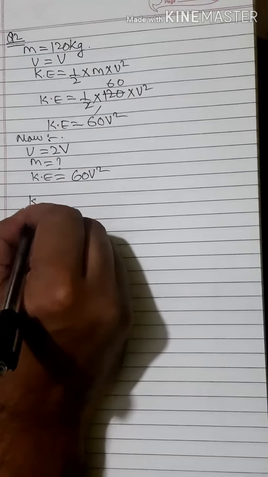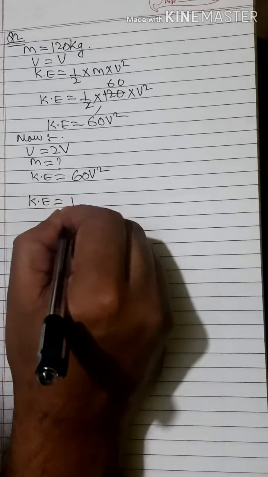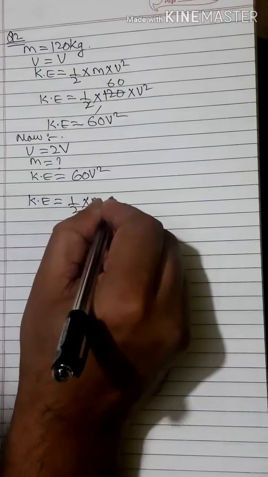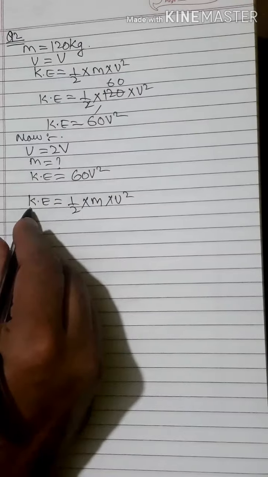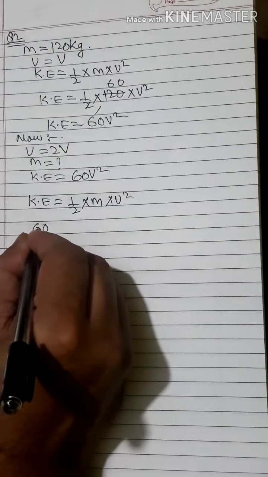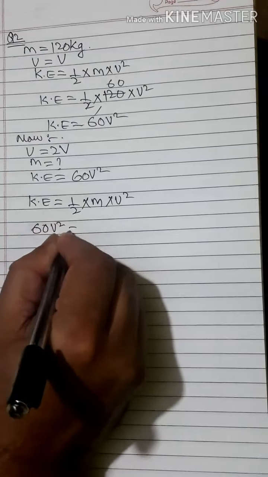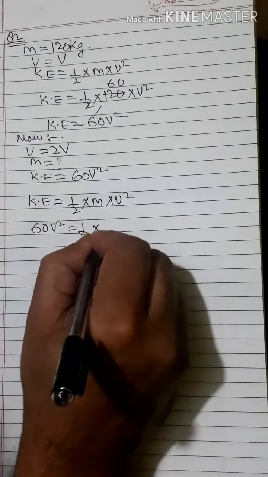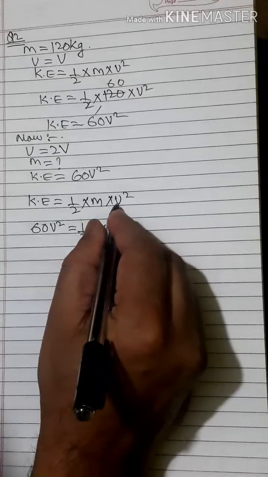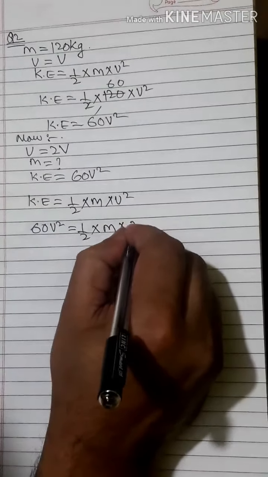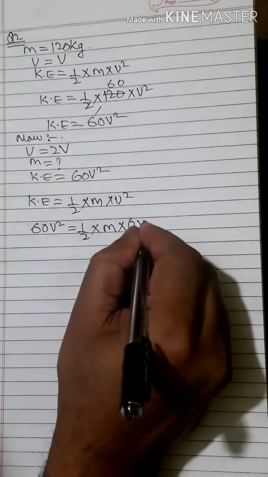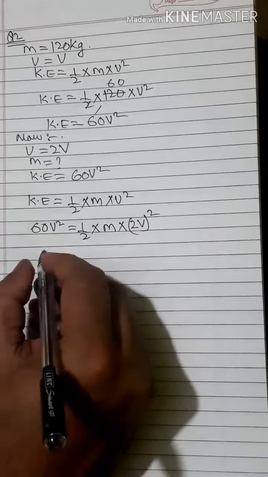So let us see. Kinetic energy is equal to half into m into v square. What is the kinetic energy? It should remain as 60v square, equal to half into mass, which we don't know, into the velocity. The velocity is becoming double, so 2v whole square.